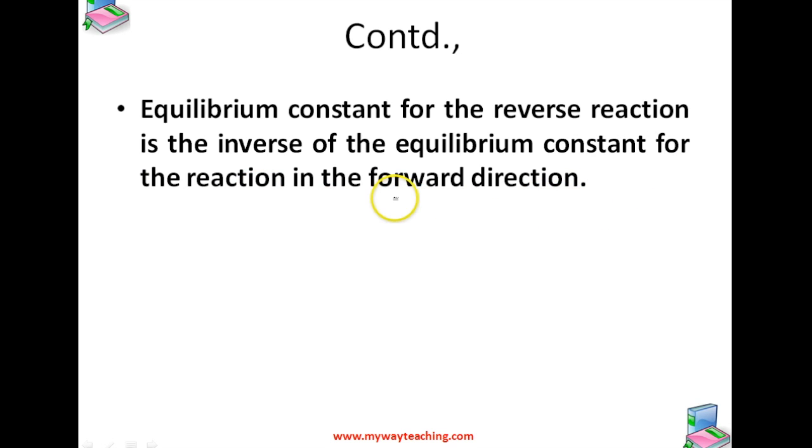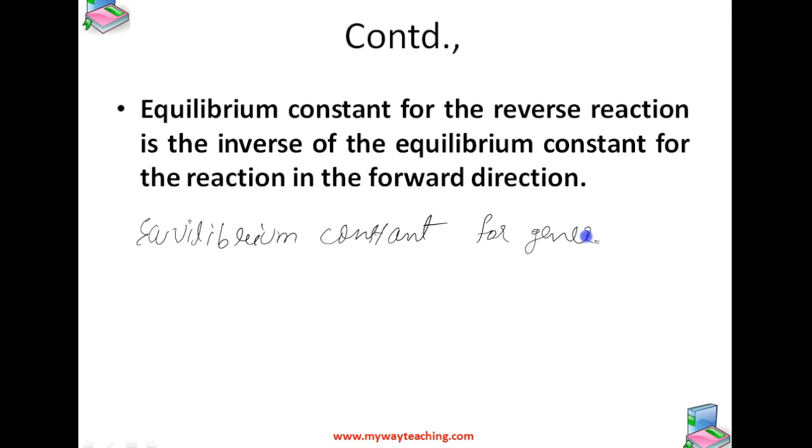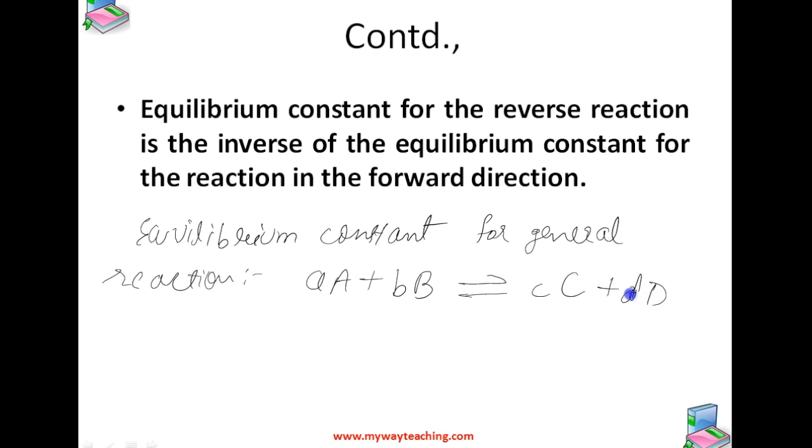The equilibrium constant for a general reaction, aA plus bB gives cC plus dD, where these are the stoichiometric coefficients.